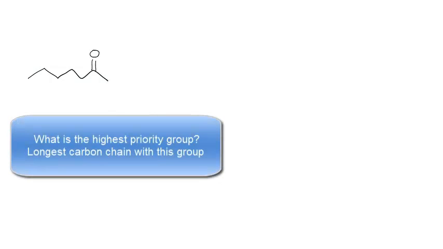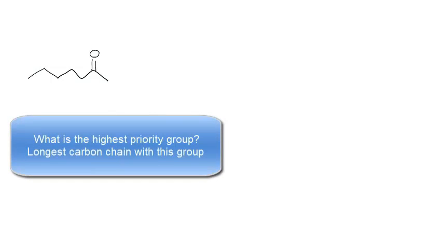Okay, let's continue on with a few more compounds that we will be naming. Okay, first compound here. Again, identify the longest continuous carbon chain, along with making sure that the highest priority group is included in that longest continuous carbon chain.